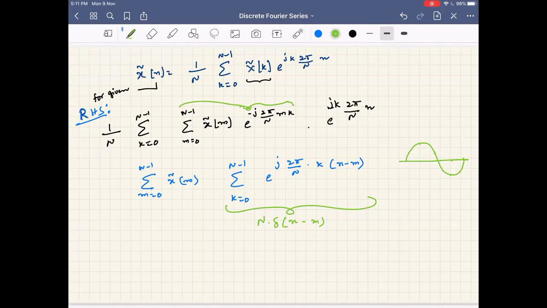This summation, if you want, you can specifically write that the summation is equal to n if n equal to m, 0 else, that is n not equal to m. This you should remember or be clear. Right, now what is the answer?